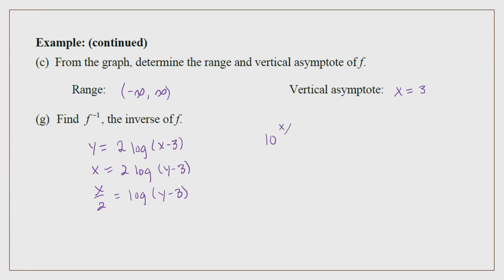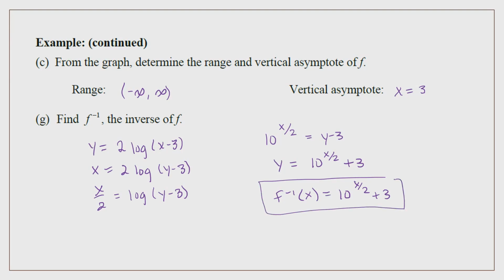So we'll have 10 to the power x divided by 2 equals y minus 3. So in adding 3 to both sides, we get y by itself, leaving us with 10 to the power x divided by 2 plus 3. So our inverse function is going to be 10 to the power x divided by 2 plus 3.